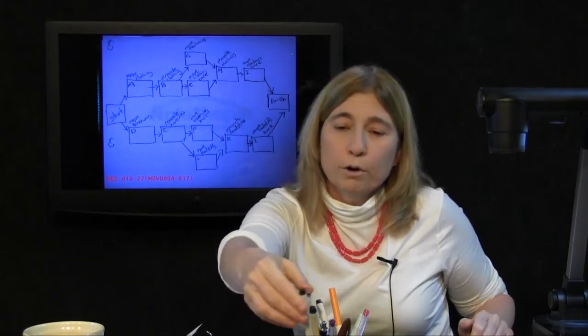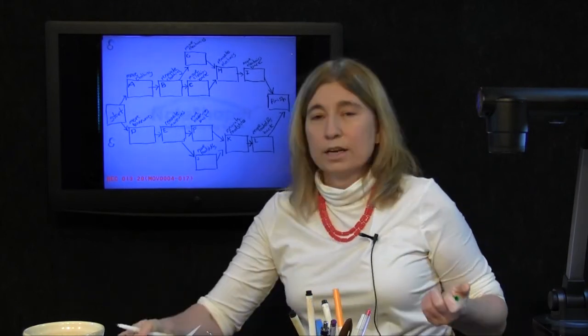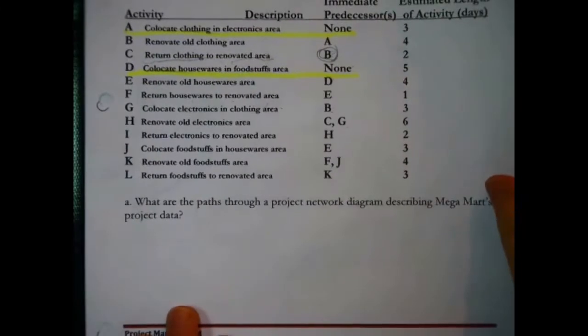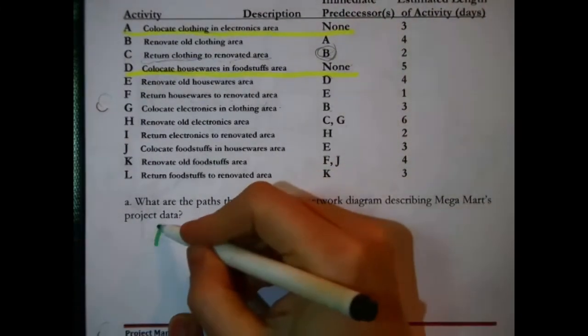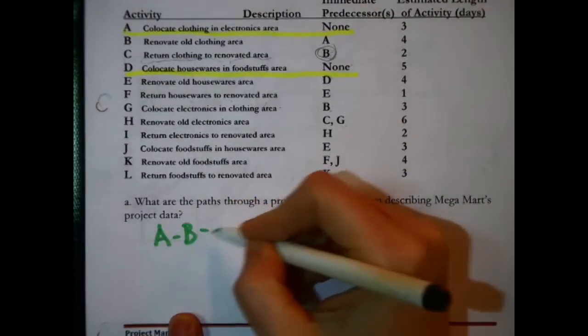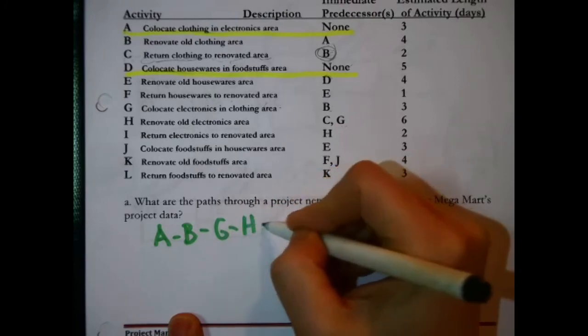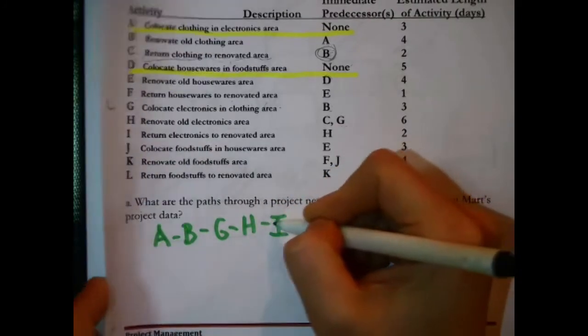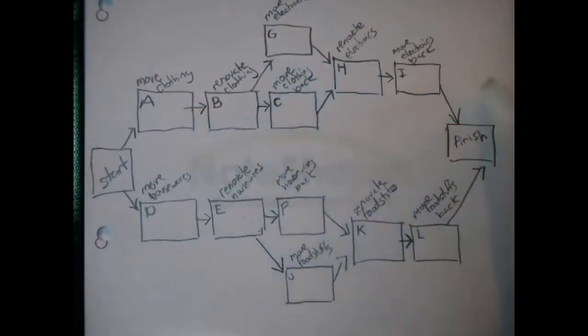Okay, so to formally answer the question, we do need to actually name those paths. Well, what was I saying? You can go from A to B to G to H to I. That's a path, right? That particular path is the high road across the top.